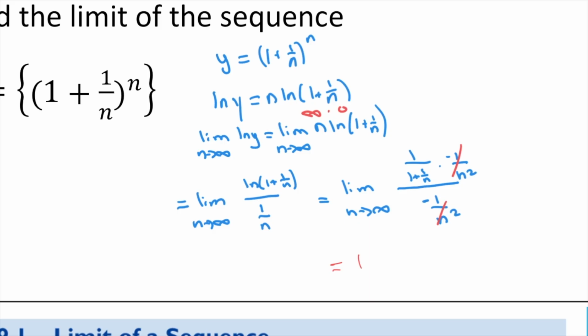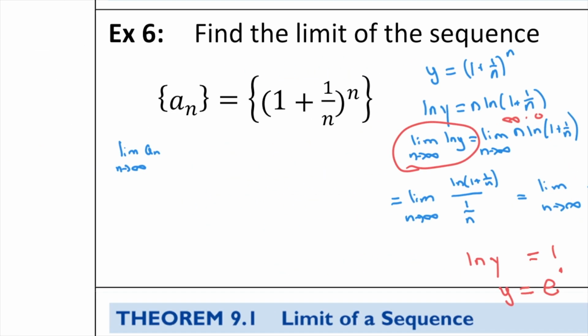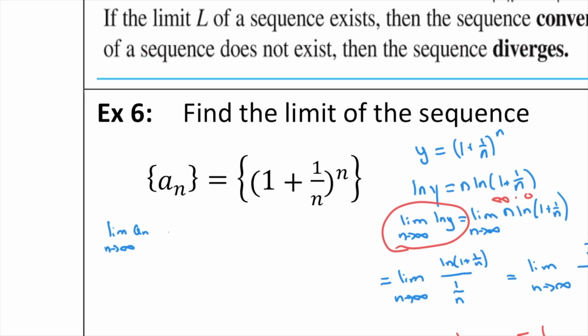So we now have the limit as n goes to infinity of the natural log of y. Wait a minute, the n is not affected, so we have the natural log of y is equal to 1, or y is going to be equal to e to the first power. So what do we know? We know that the limit as n goes to infinity of the sequence a sub n is equal to e. So we are definitely converging, and we're converging to the value of e.